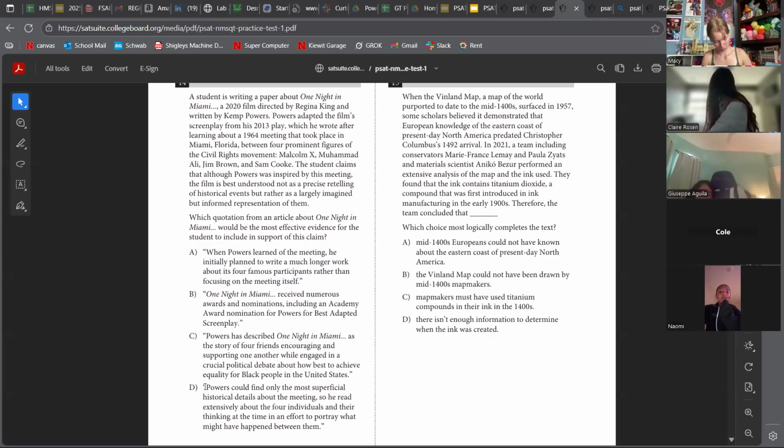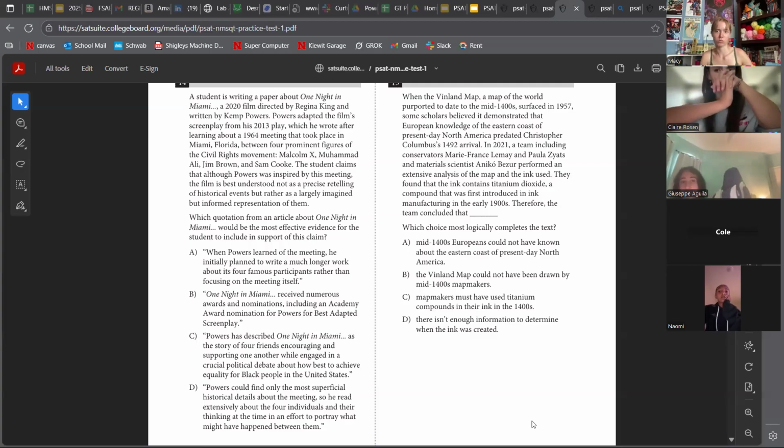But if you look at D: Powers could only find the most superficial historical details about the meeting, so he read extensively about the four individuals and their thinking at the time in an effort to portray what might have happened to them. So that's saying he did some research, but wasn't really able to find that much, so he tried to portray what happened as best he could. So D would be the correct answer there. Does that make sense?